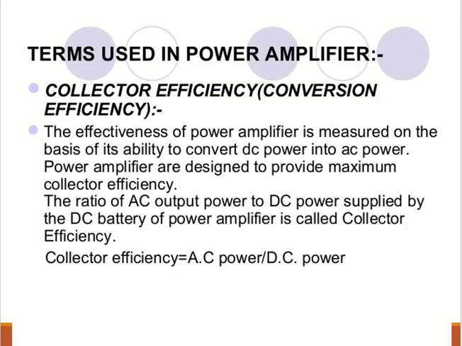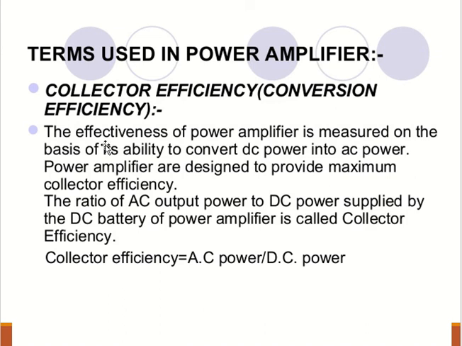So next we will discuss various parameters associated with power amplifiers. All these parameters are associated with Class A, B, C amplifiers. The first parameter is collector efficiency, also called conversion efficiency.